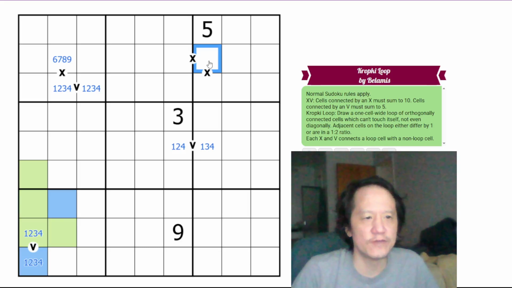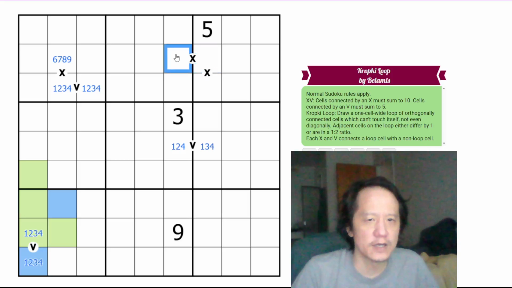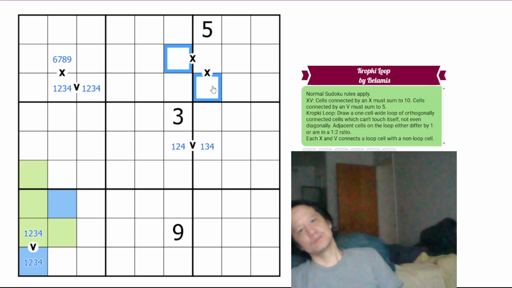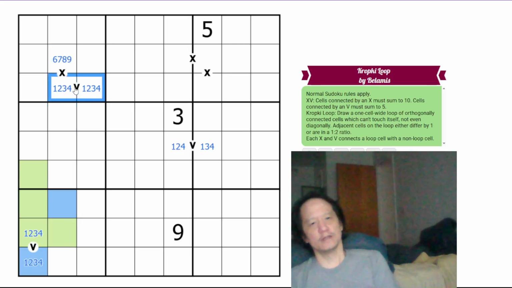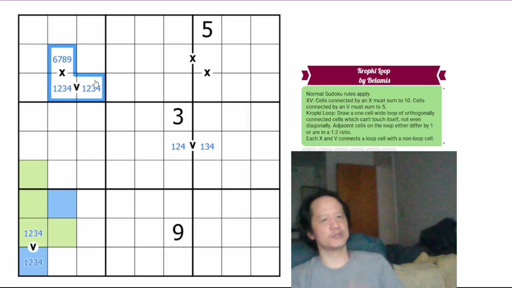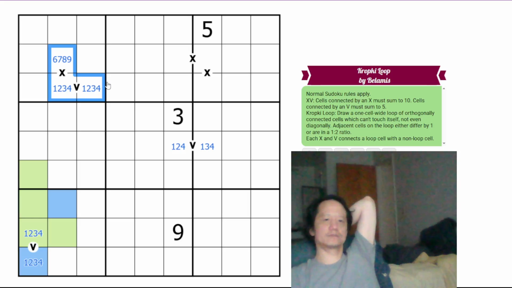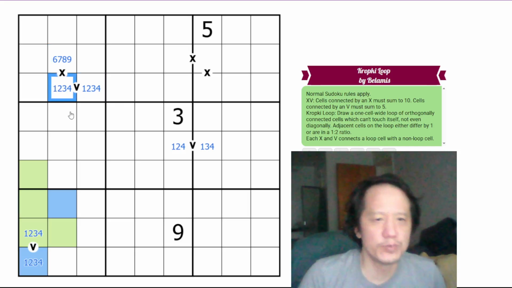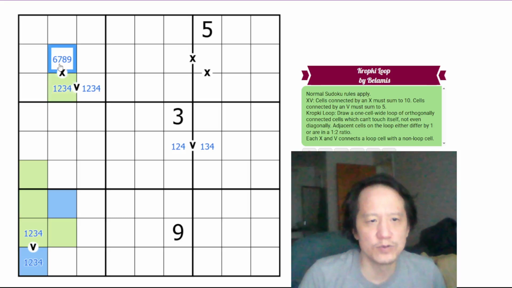Can this ever be on the loop? I guess if these are not on the loop. What does that mean when it forms that pattern? So say this was on the loop, and these were not.